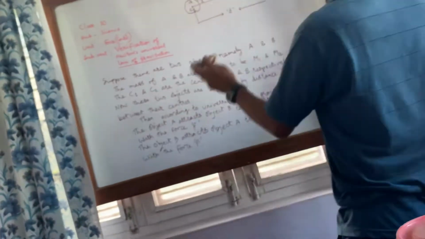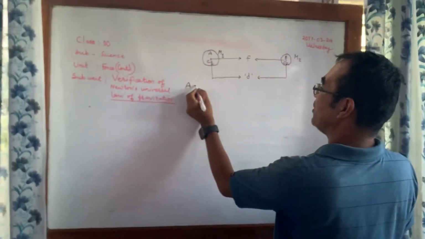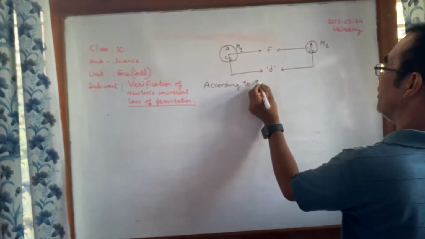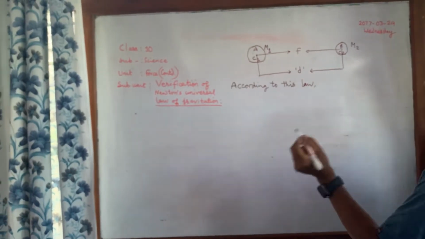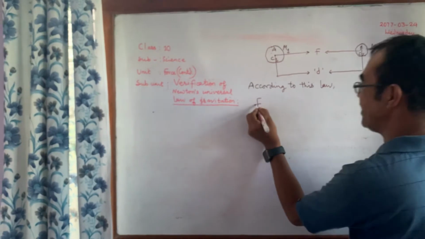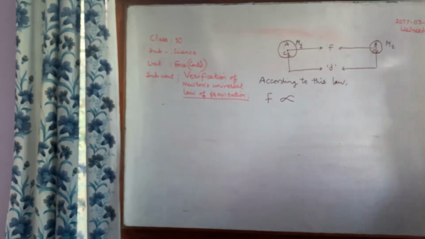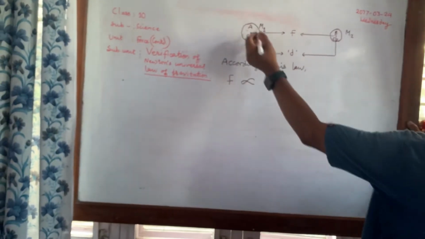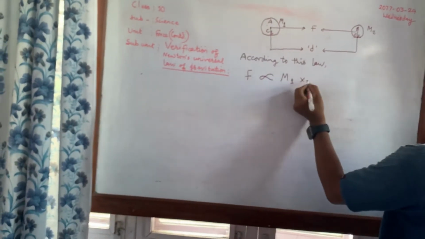Now, according to this law, the gravitational force F is directly proportional to the product of m1 and m2.